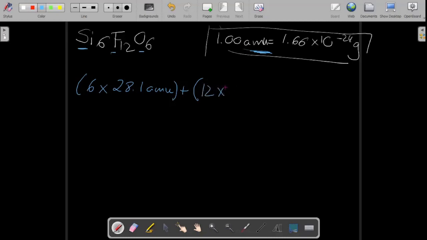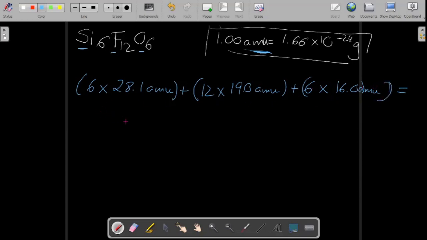So each one of them weighs 19.0 atomic mass units. And the last one is your oxygen. Oxygen is in position 8 and is 16 each. There are 6 of them. So multiply that by 16 AMU, sorry, and close the parentheses, equals.